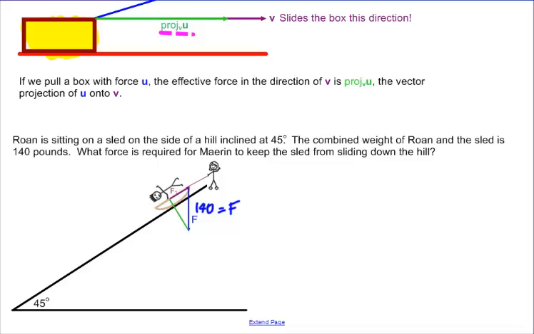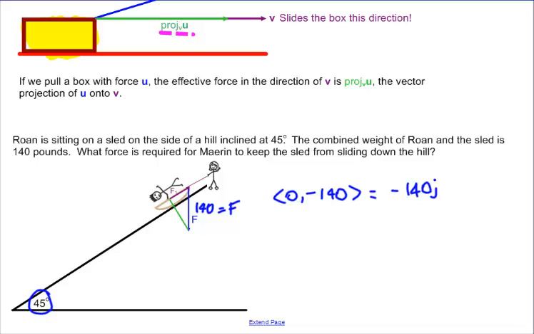If we look at that, we would say that this would be 0 and negative 140. The other way that you could look at that would be negative 140j if we look at the standard unit vector form. And so there's that guy. Well, the hill then also is going to be a vector, and that hill has an angle of 45 degrees. The hill's really long, but we just basically need a vector in that direction.